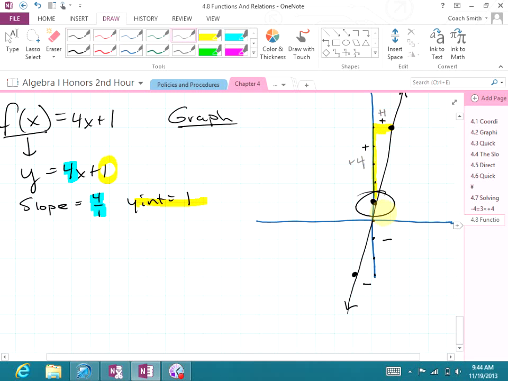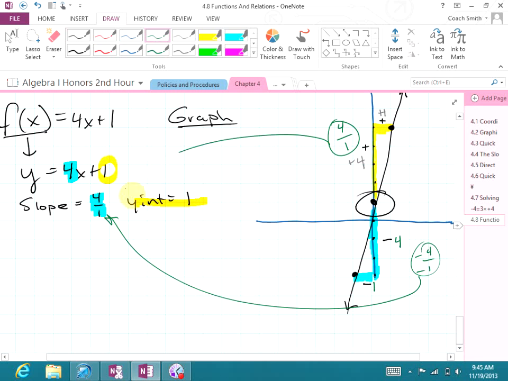How I got the bottom point is I went down 4 units and over 1 unit, so that is a -4 and a -1. The two negatives make a positive, so if you take -4 over -1, that equals that slope, and if you take +4 over +1, that equals that slope. And so I started with the y-intercept and then went to the slope after that.